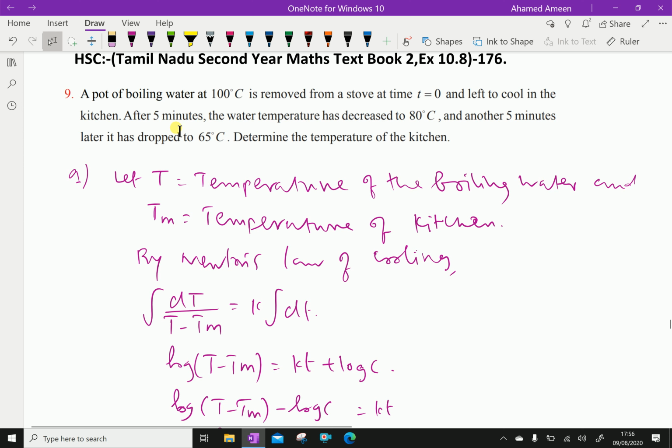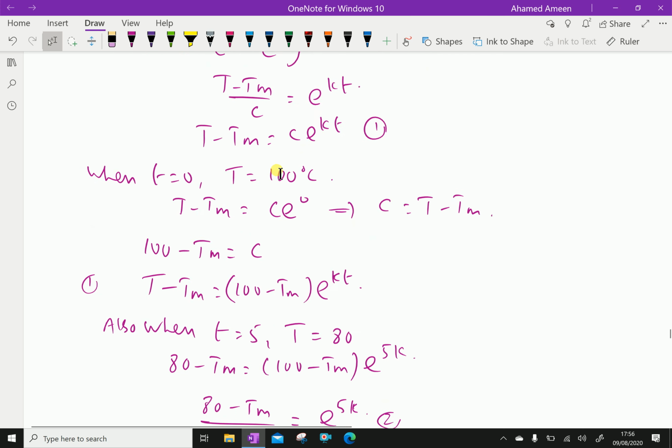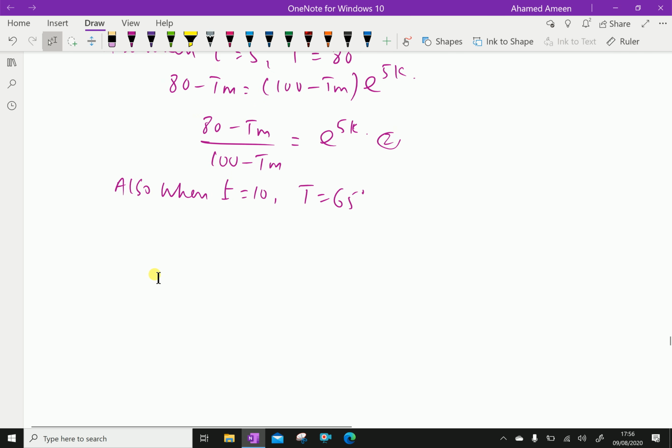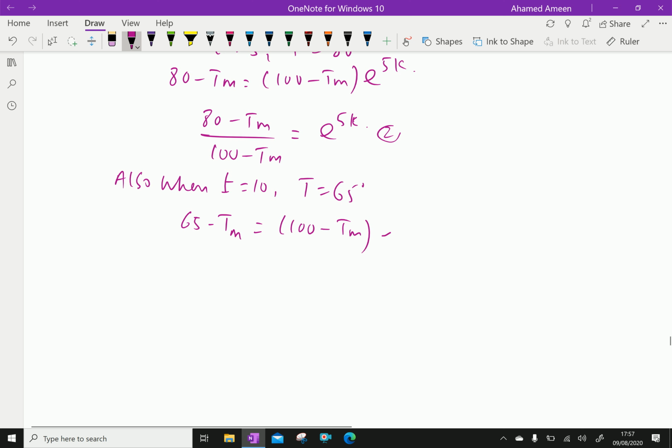That means before 5 minutes, now 5 minutes, totally 10 minutes. After 10 minutes it dropped to 65 degrees. Therefore we can write 65 minus Tm equal 100 minus Tm e power 10k.